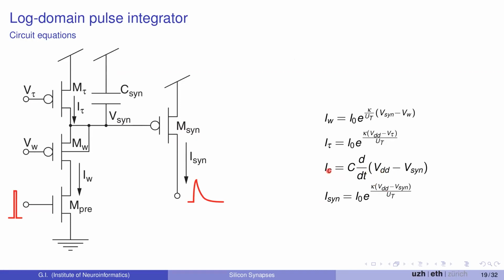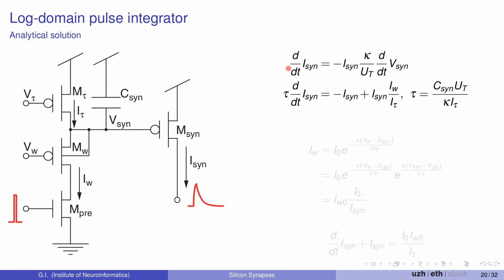So I'll walk you through it. If we take the derivative of Isin, because of its exponential nature, it will be minus Isin times the derivative of Vsin. Now we know from the previous equation that the derivative of Vsin is related to IC. There is this relationship. So then we can replace that in.